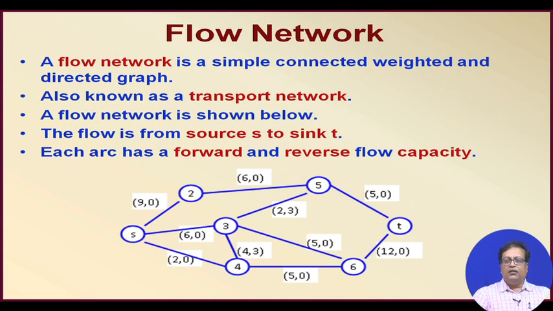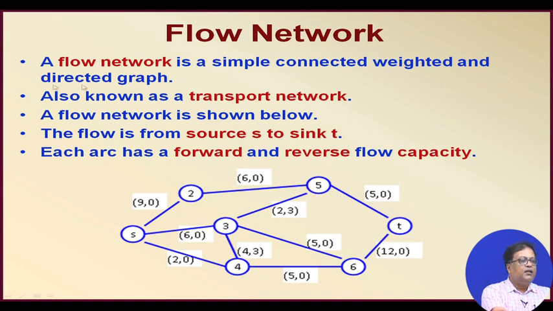Thirdly, it is a weighted graph. What is meant by a weighted graph? That means each edge has a weight assigned to it. What could that weight be? Each edge or arc has a forward and reverse flow capacity.